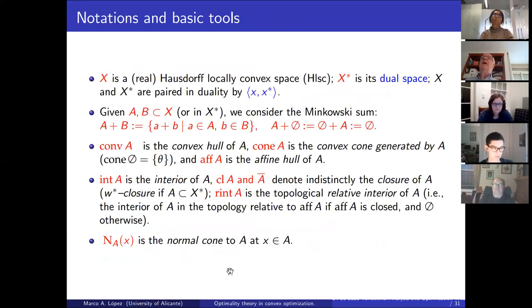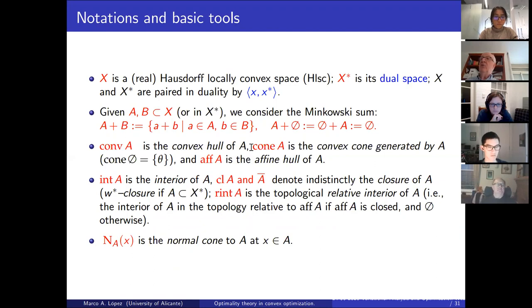Okay, notation is standard. X star is the topological dual space. Both spaces are paired in duality in the usual way. This is the Minkowski sum. And in order to make certain formulas valid when one of the summands is the empty set, I adopt this rule here: when one of the two sets is empty, the sum is empty. This is the way to represent the convex hull.